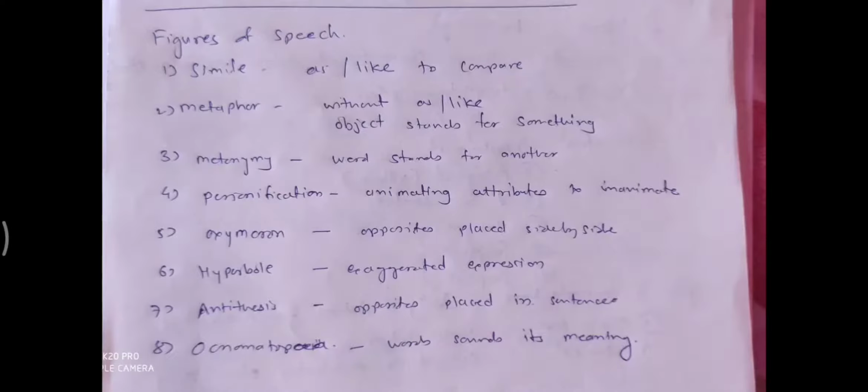Rose is simply a word, but it stands for the metaphor of love. Or the crimson rose stands for religion. In the same way, cross stands for Christianity, or the rising sun stands for birth, youth, vigor, enthusiasm. Setting sun stands for suffering, death, old age. So, it stands for something else.